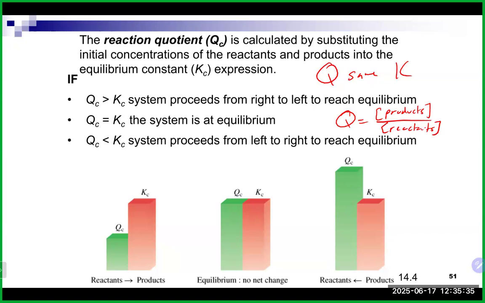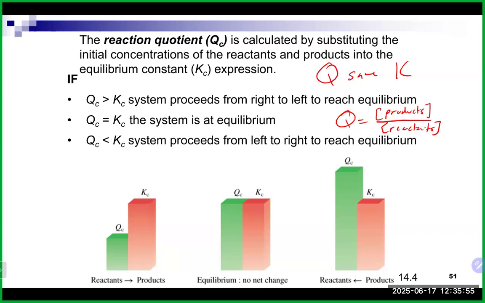So you may be asking yourself, if Q is calculated the exact same way as K, and by the way, you do the exact same thing, you still use the coefficients as the exponents just like you do in K, why do we have Q versus K? Really, Q answers two questions for you.